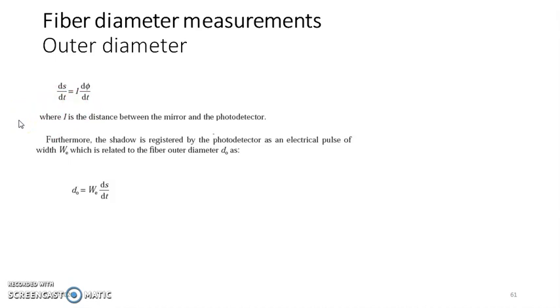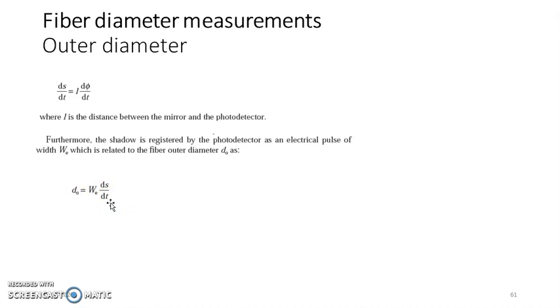Okay, that is directly proportional to the light we are propagating through this fiber. It is detected at this particular distance from the mirror. That's why we say length L is the distance between the mirror and the photo detector. Then this shadow is registered by the photo detector as an electrical pulse of width W, which is related to the fiber outer diameter: D is equal to W into ds by dt.